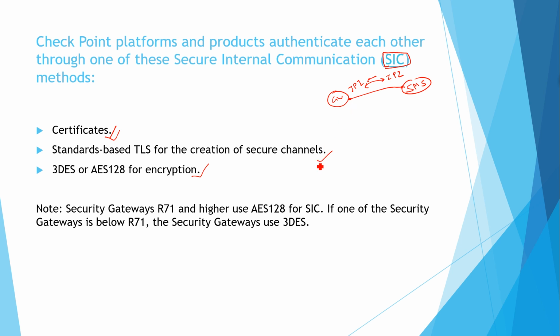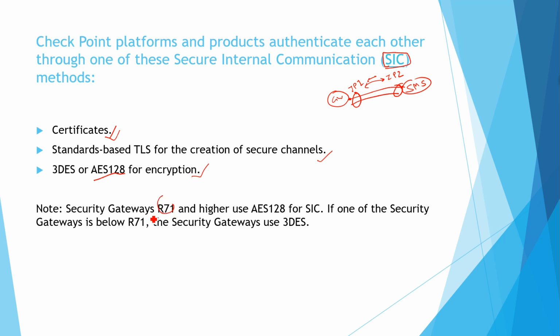Second part is standard-based TLS for creation of a secure channel. They make a secure channel between them to share the information, and whatever is shared must be encrypted between them. So we are using one encryption policy, AES128.